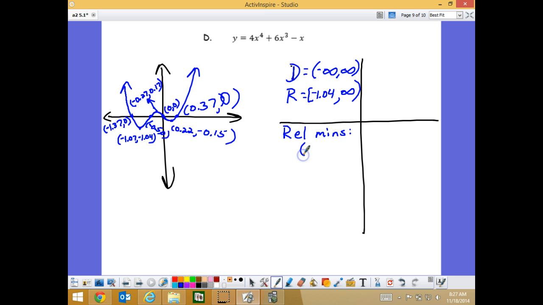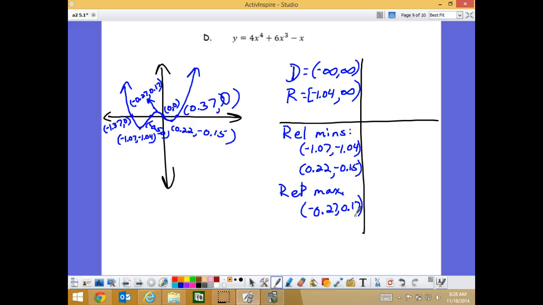So the relative mins, one point is negative 1.07, negative 1.04, and the other one is 0.22, negative 0.15. Those are the relative mins, and we have one relative max, and that is this point right here, negative 0.27 and 0.17. Those are the relative mins and maxes.